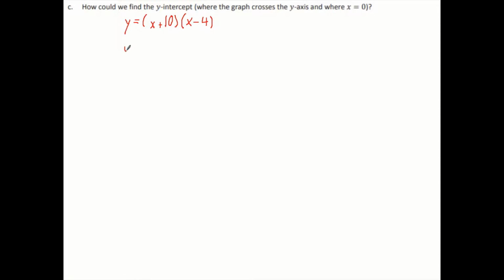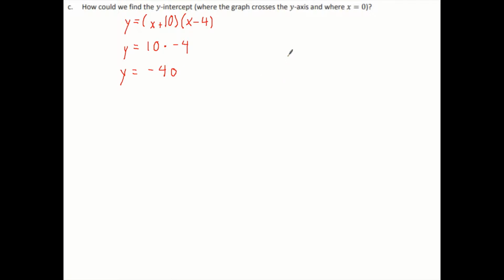So plugging 0 into this, I get 0 plus 10, or that's just 10, times 0 minus 4, well, that's just negative 4. So y is going to be equal to 10 times negative 4, which is negative 40.